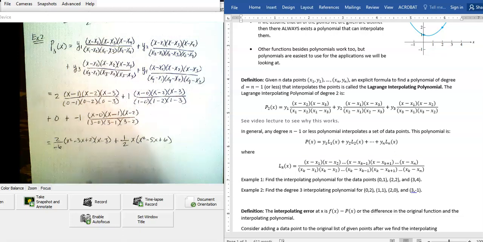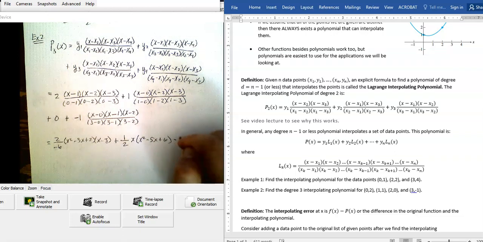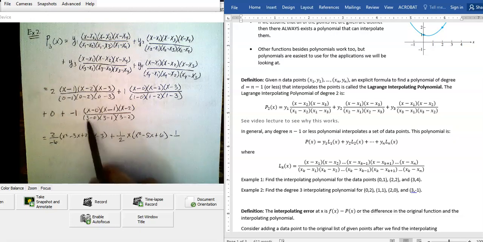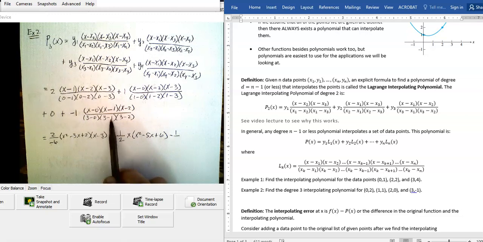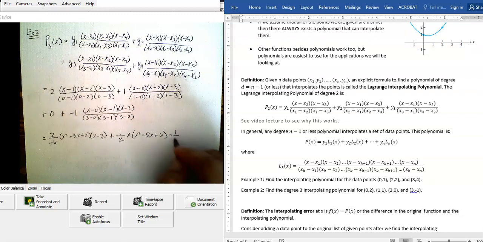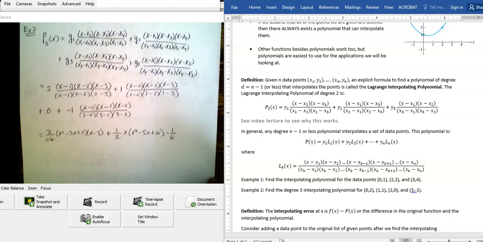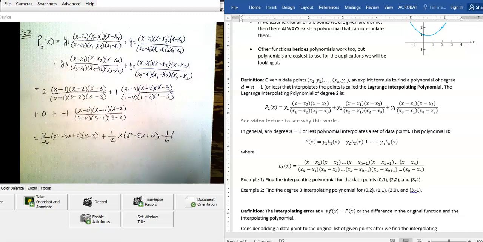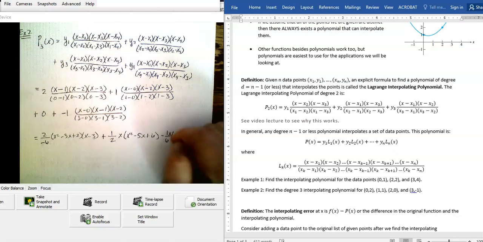And then our last term would be minus 1 over 3 times 2 is 6. 6 times 1 is 6. That's 6. And our factors, so that will be x times x minus 3, x squared minus 3x plus 2.